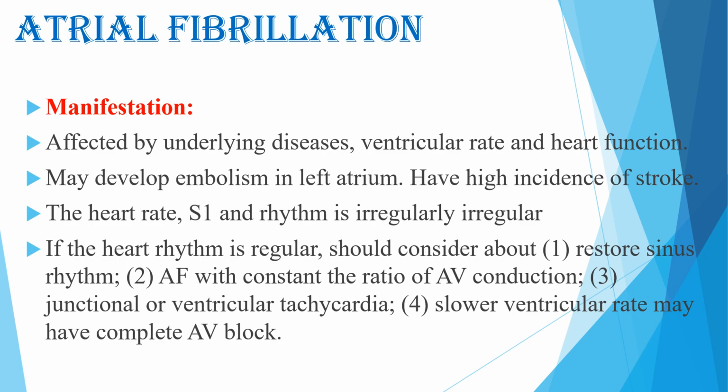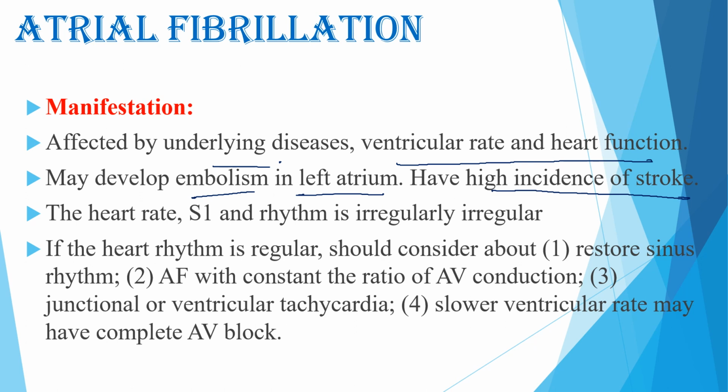The manifestations in atrial fibrillation are affected by the underlying disease, ventricular rate and heart function. Based on the underlying pathology, there will be a change in the ventricular rate and cardiac function. Embolism can also develop in the left atrium, which leads to a high incidence of stroke.